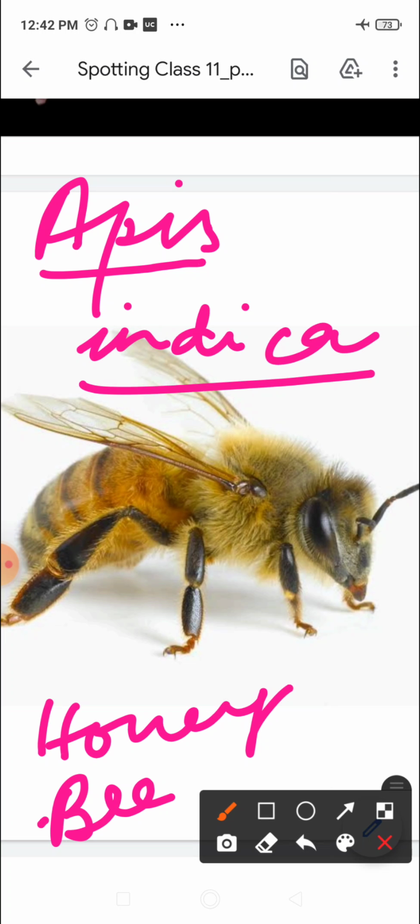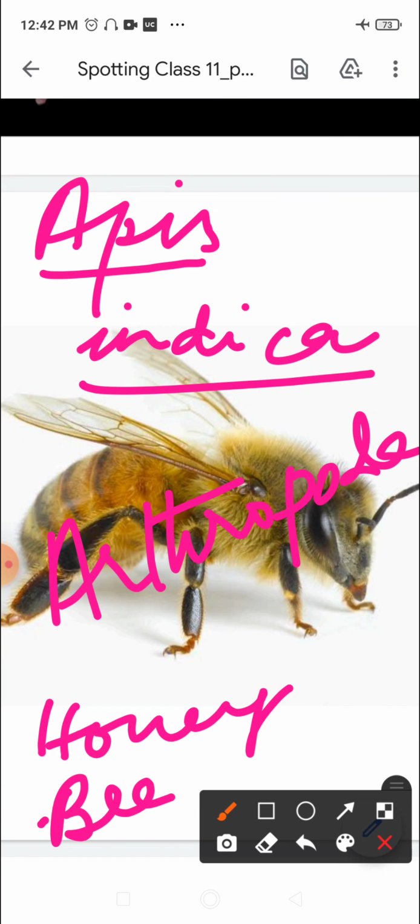Apis indica belongs to the phylum Arthropoda. I am sure you must have seen many honeybees, and many must be scared of them because they sting, and the sting is painful.